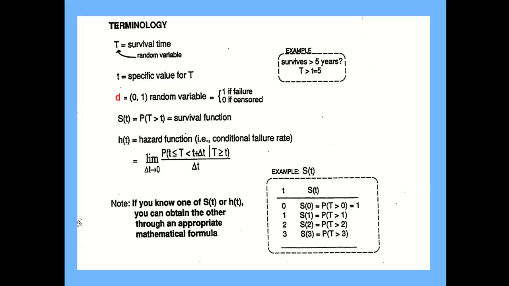What happens after that? It goes down, right? Does it go down the same way for everybody? Not necessarily. In fact, it might not go down the same way if you're exposed than if you're unexposed. And so when you're talking about how it goes down from time 0 on, we're talking about a survival curve that might be different for different groups. One exposed, one unexposed. It might be different.